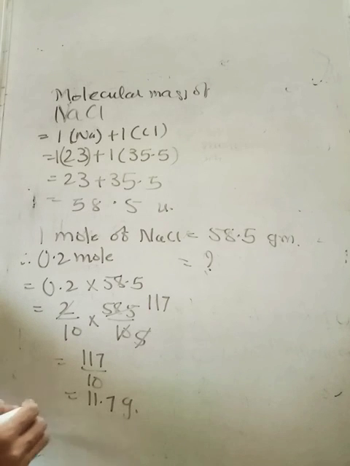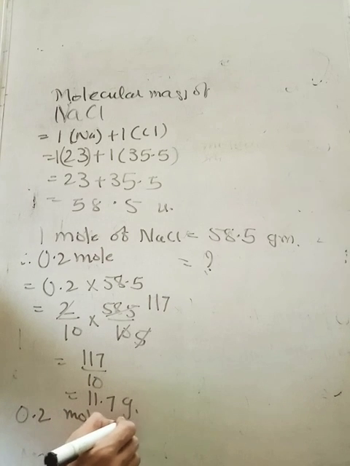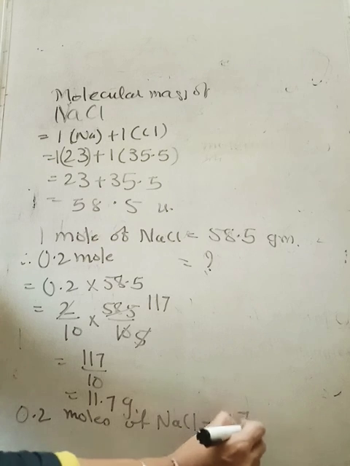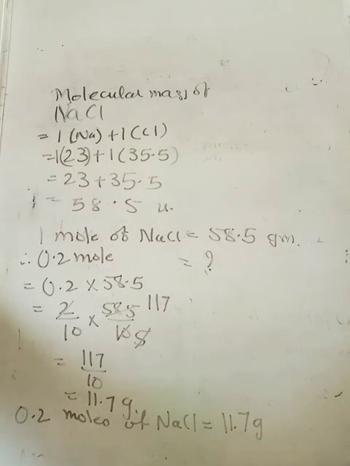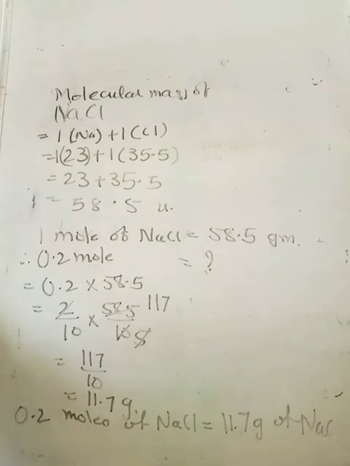So what is the answer? 0.2 moles of NaCl is equal to 11.7 grams of NaCl. Got it?